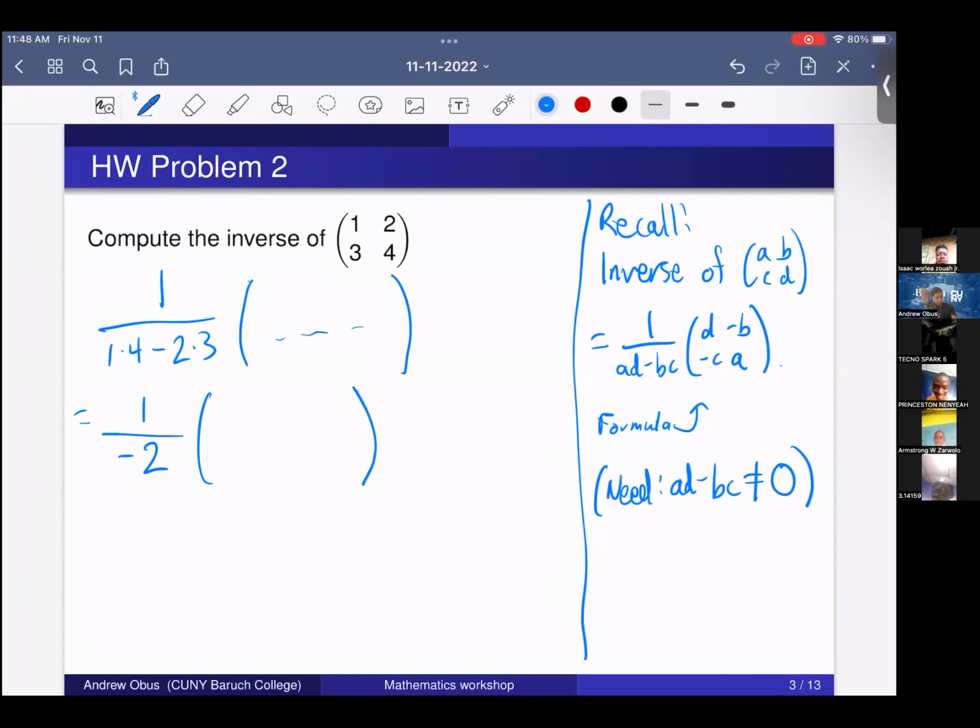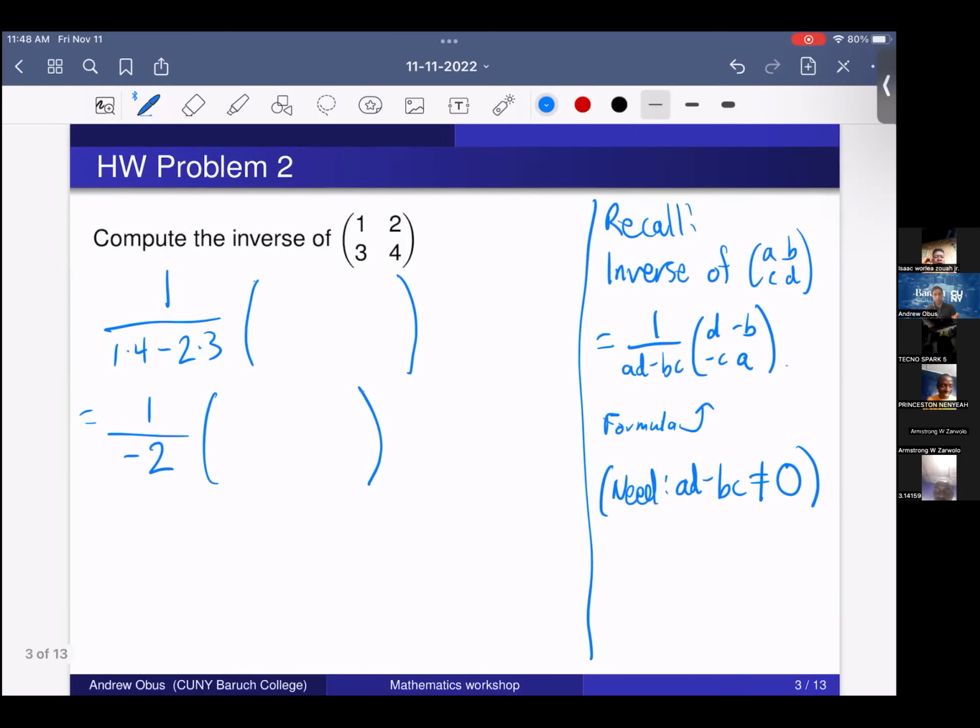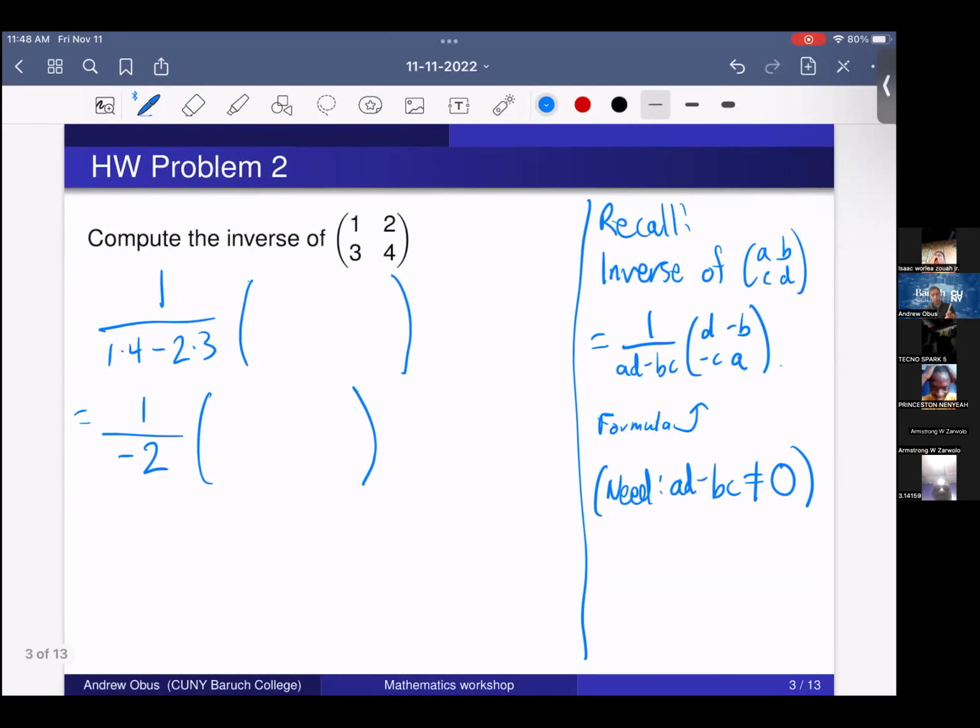So what do we get for the matrix now? So we take that and multiply by the matrix. Right. So which matrix, right? So our formula is we have to take this and we have to multiply it by this D, -B, -C, A matrix, right?